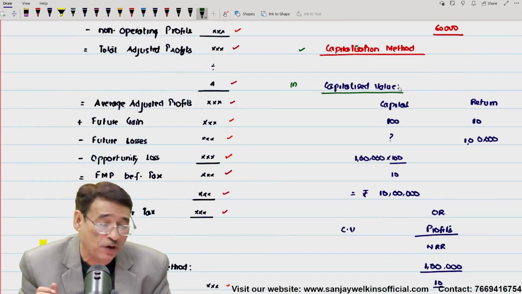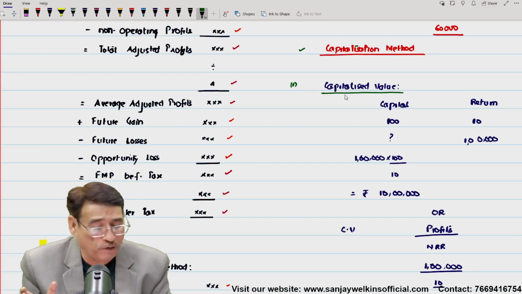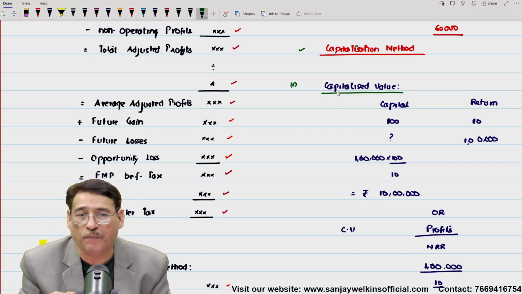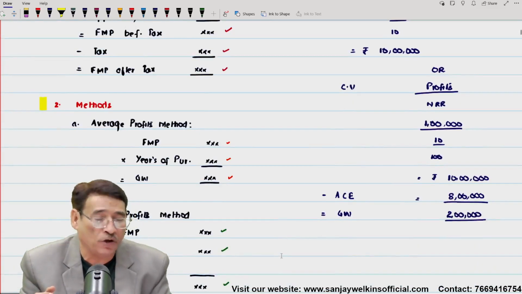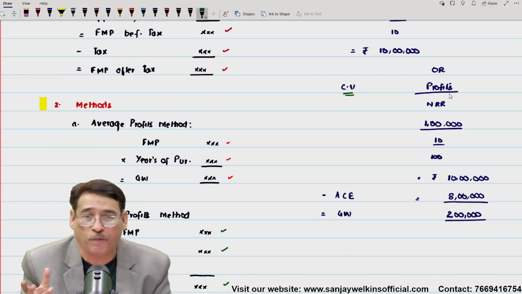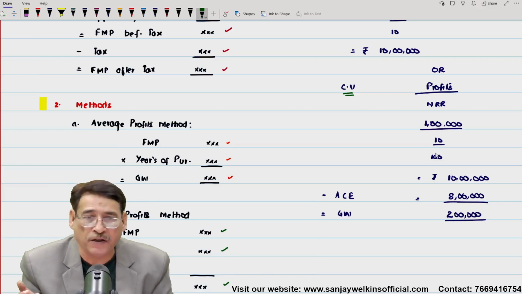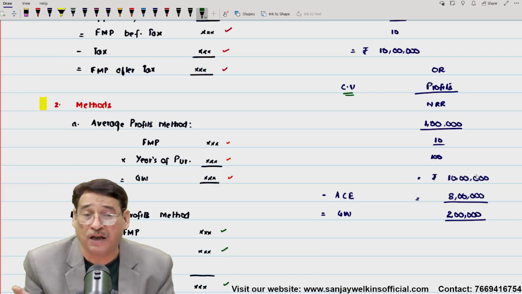I'm not going to give you straight away the formula, although in your earlier education you know that the capitalized value can be arrived at very easily. Simply divide your average profits by the normal rate of return. For example, my actual profit is 1 lakh, and if I divide it by the normal rate of return, 10 by 100, I can easily get the capitalized value of 10 lakh.